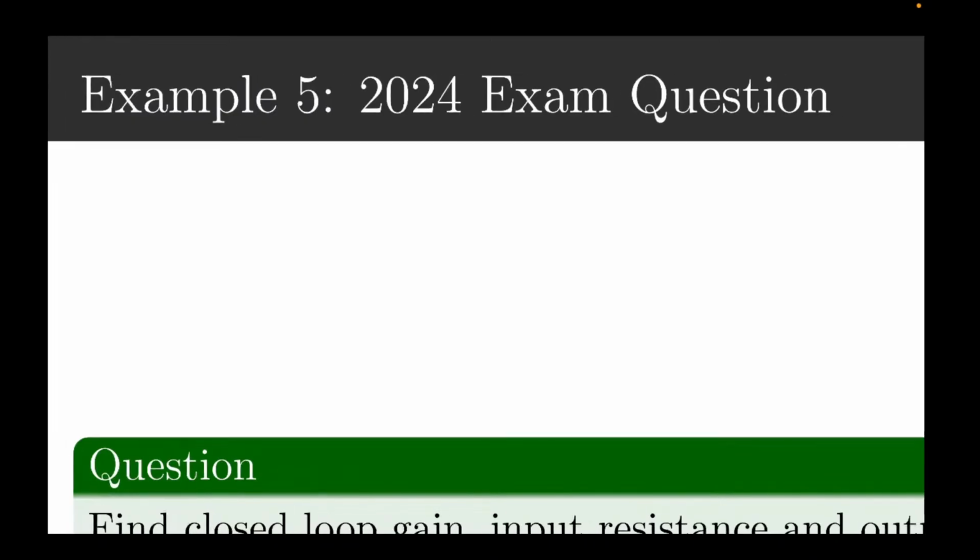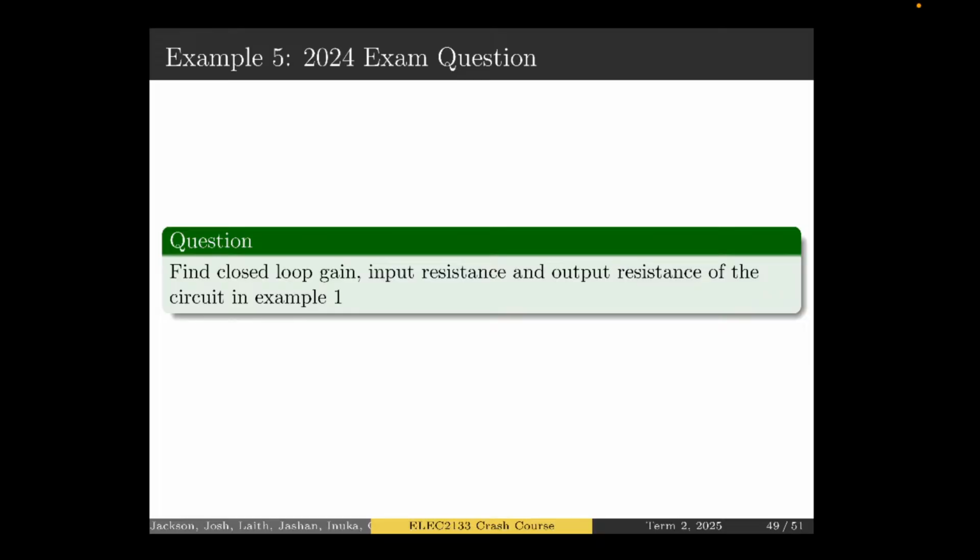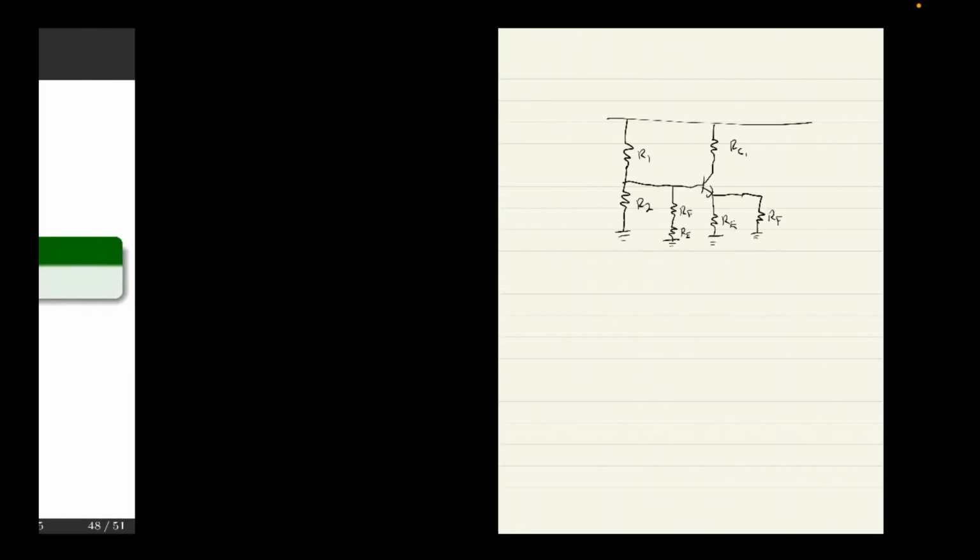Now we'll finish the rest of example 1, because example 1 is a 2024 exam question. 8 minutes. Let's see how far we get. Okay, so we're going to try and find the closed loop gain. I'll show this circuit again.